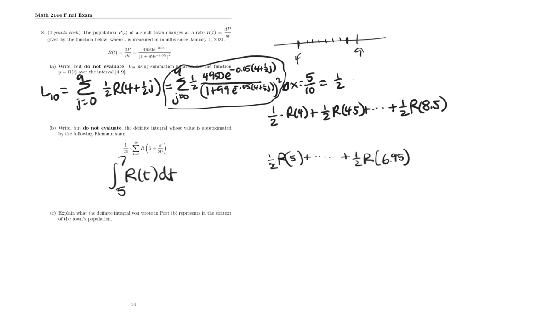Then it says, explain what the definite integral you wrote in part B represents in the context of the town's population.